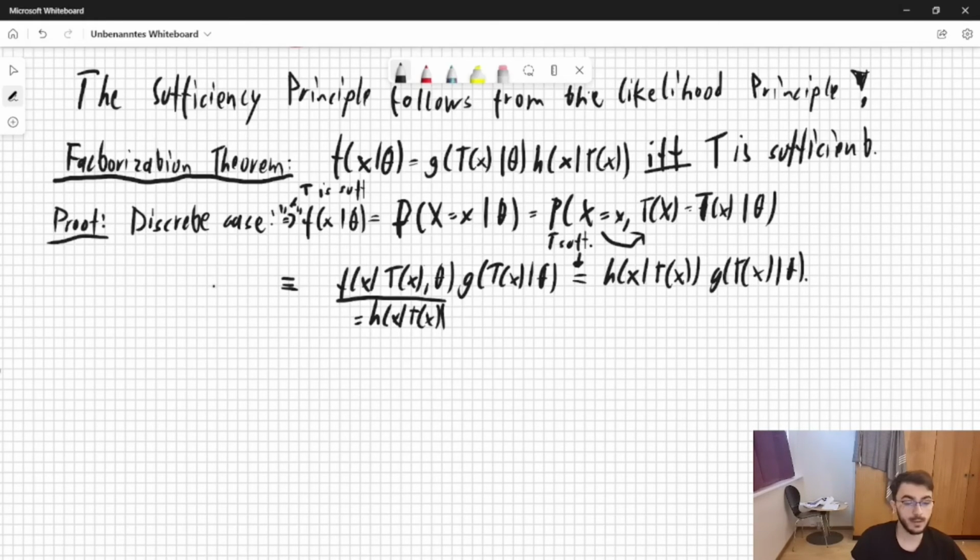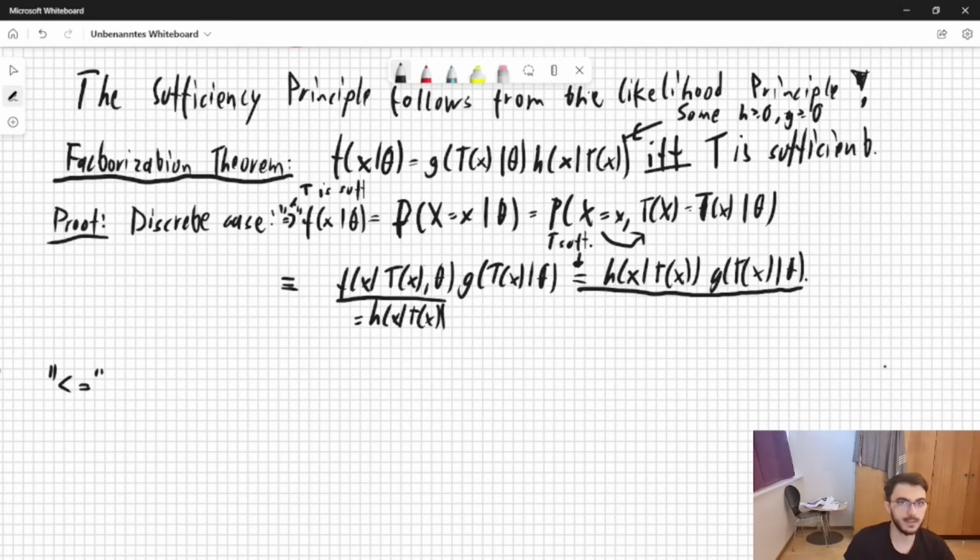So we can now do the other direction. For the other direction, we want to show that if, and I didn't explain this very well, this is if and only if, in the case that we have some h larger or equal to 0 and some g larger or equal to 0, which are functions which fulfill this.